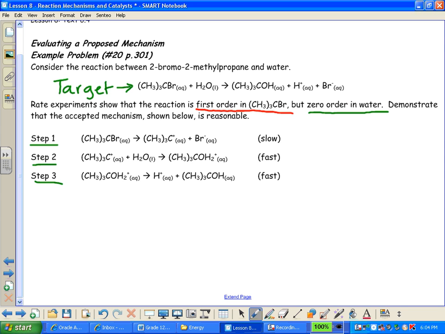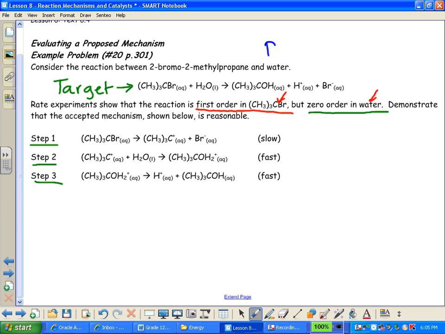So remember that the rate experiment showed the reaction is first order. First order means that the exponent for this is going to be 1, and 0 order meaning for water it's going to be 0. So let's write the rate law up in the top corner here.